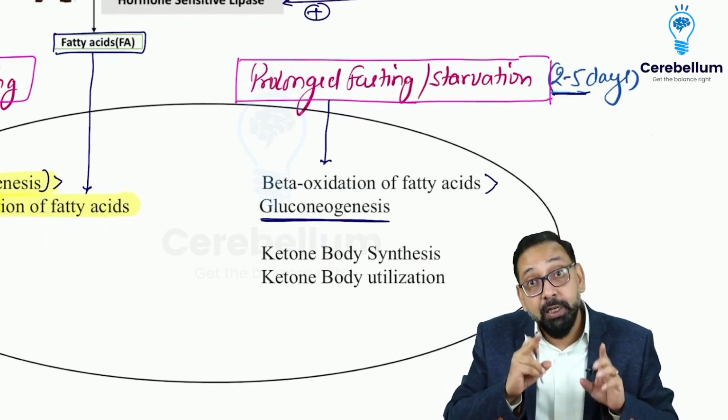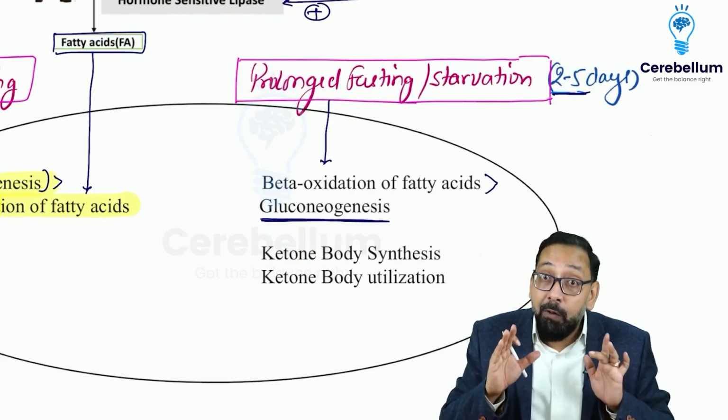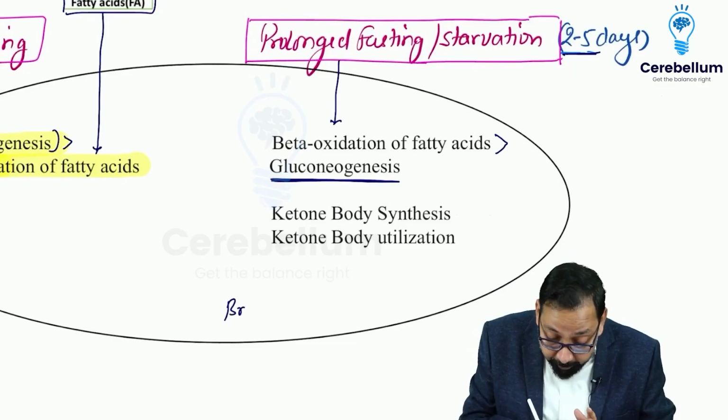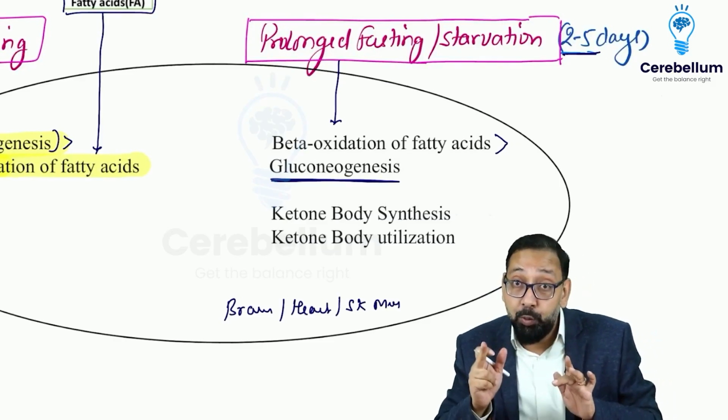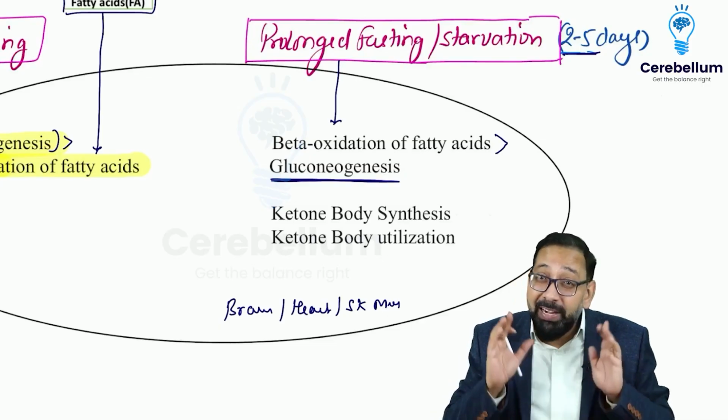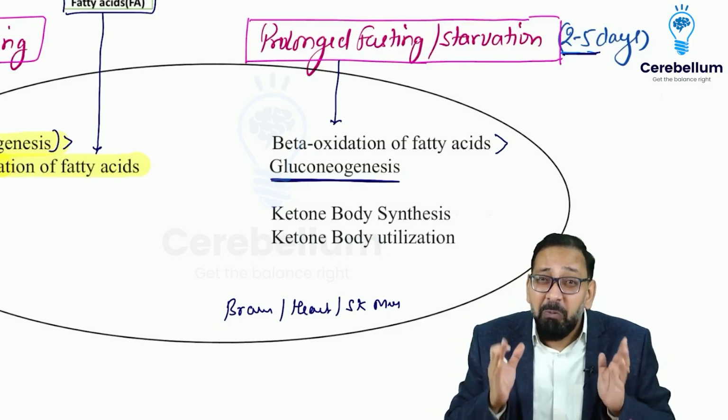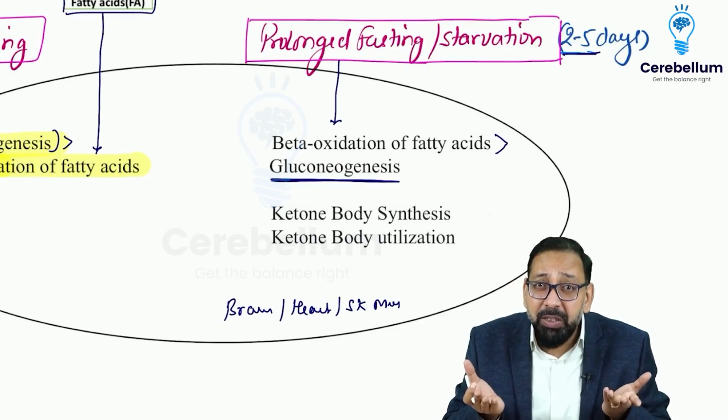The liver knows that it's a prolonged starvation and that our vital organs, brain, heart, and skeletal muscle, can utilize ketone bodies. You know, ketoacidosis is a very toxic condition. Why is our body synthesizing ketone bodies then?